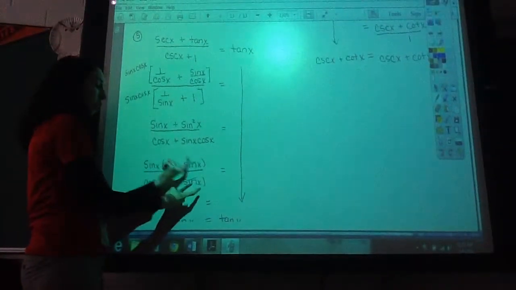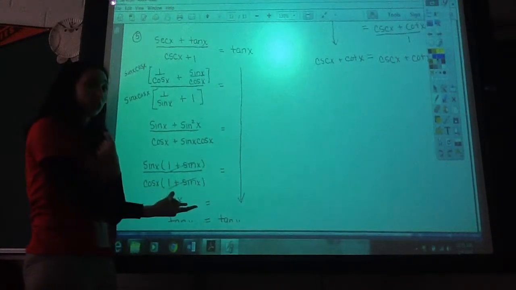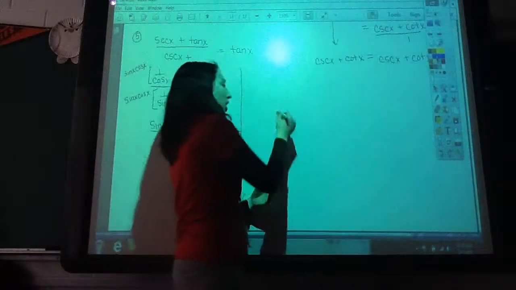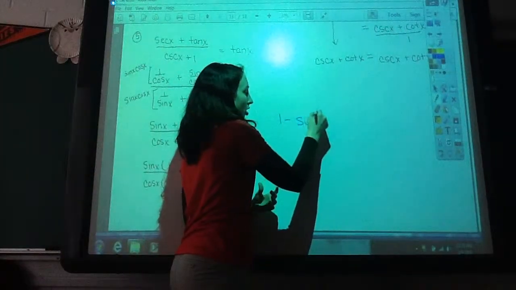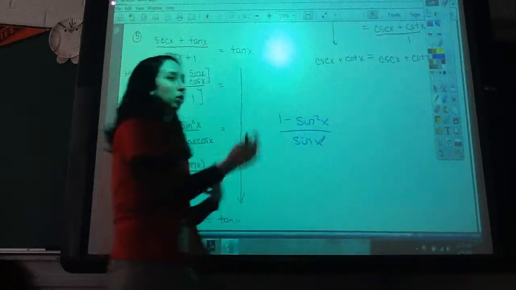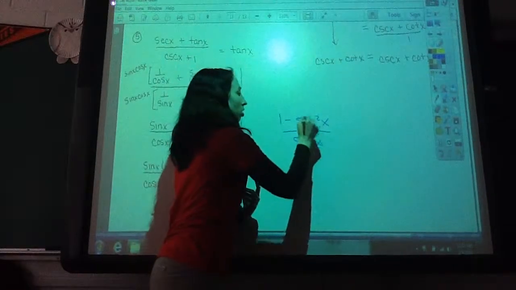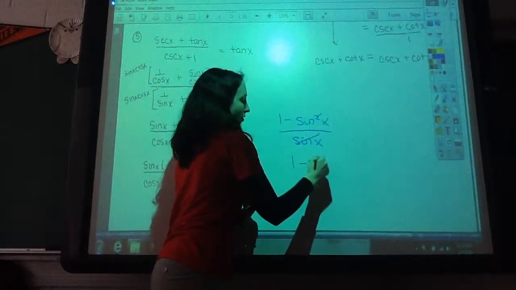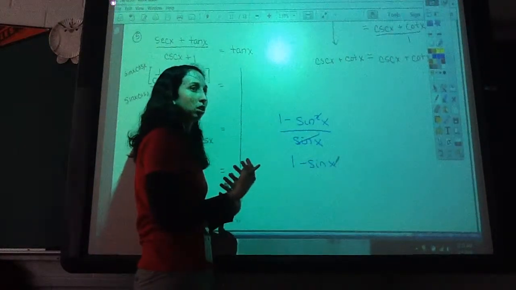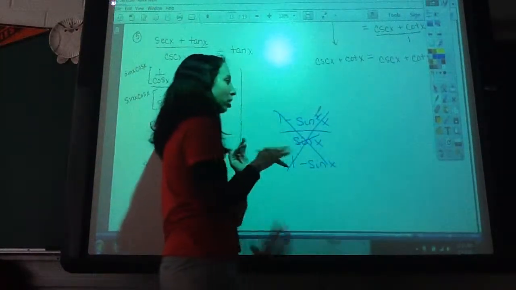And I can cancel this whole piece because I have multiplication, and I'm undoing multiplication with division. What I mean by you can't cancel subtraction or addition with division is you can't say this and go, oh, so I have 1 minus sine, and that's my answer. Because that's a no-no, you can't do that at all.